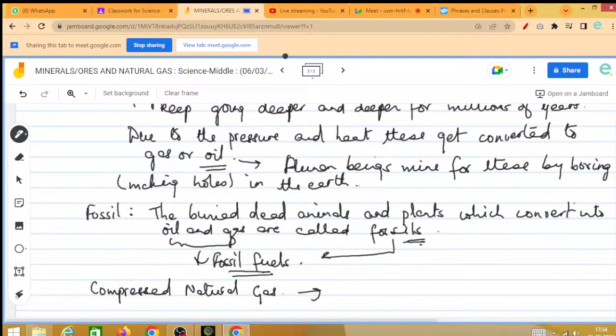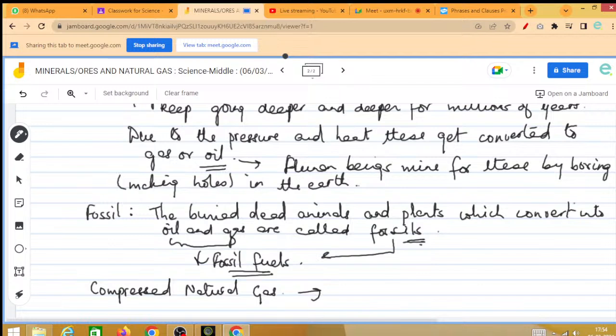You put a lot of pressure on it so that the entire gas gets filled in this shape only. That is why we call it compressed. Compression means to make smaller. So when you put pressure, you make it smaller, and the molecules of the gas come closer and closer.